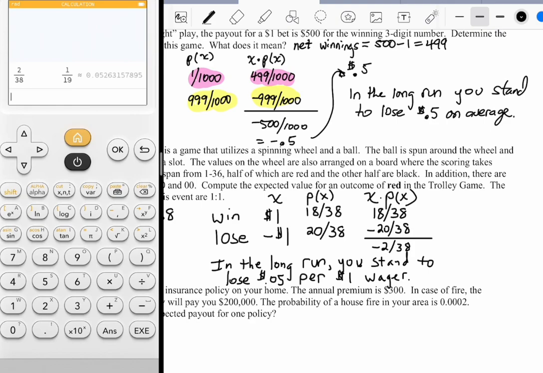Which kind of makes it seem a little bit more advantageous to play the trolley game or roulette than it would be to play the lottery, right? But the thing is, in the case of casinos, a couple things. One, the likelihood that you're betting just $1 is very, very low. Very small probability. And that's because most tables have a minimum bet, right?